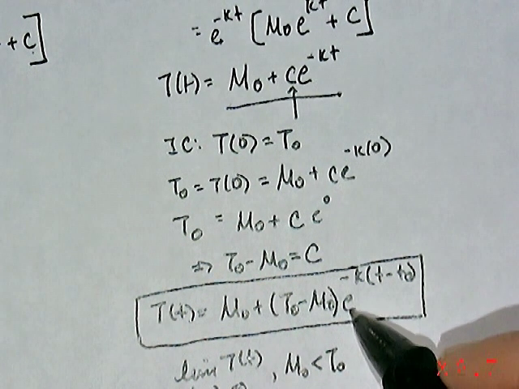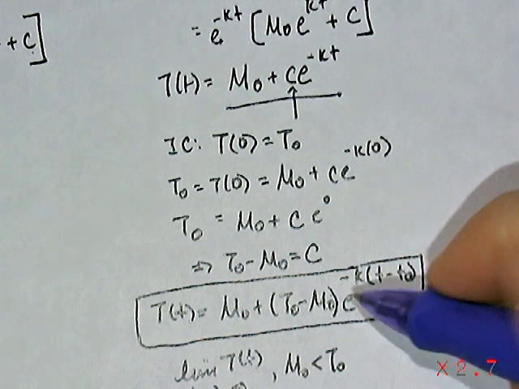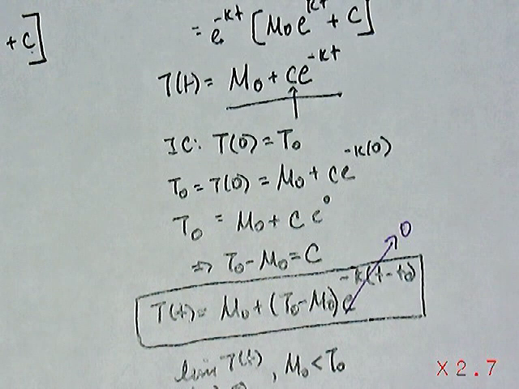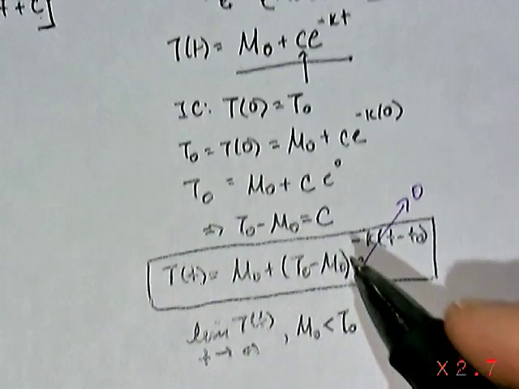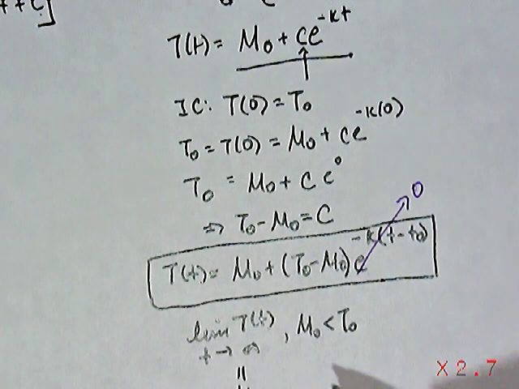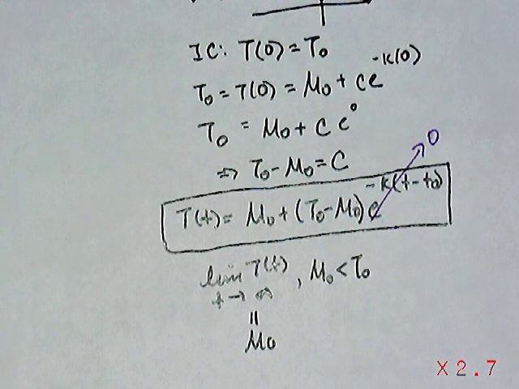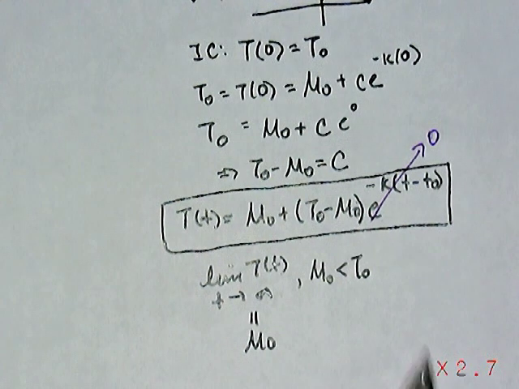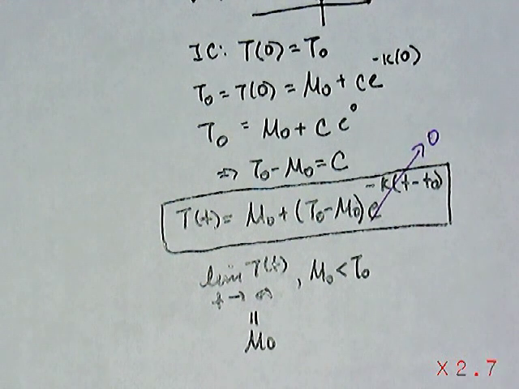And so what will happen is this term will eventually go to 0. So in the limit, what you would have is simply the outside temperature. So ultimately, without any air conditioning, no effect of humid heating due to the humans, and with a constant outside temperature, your indoor temperature is eventually going to become the same as your outside temperature.